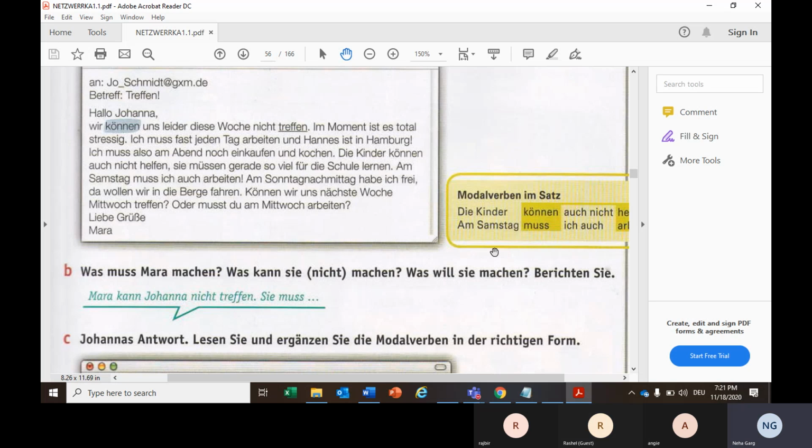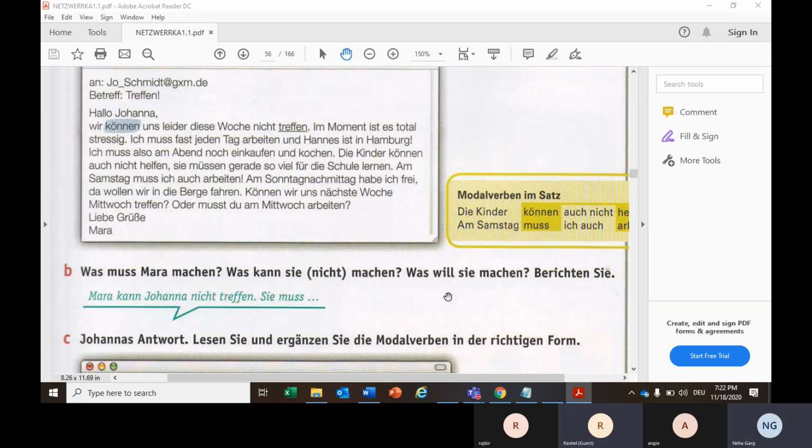Will sie, not wollen sie. What you have written, würden sie? Can you read it out again? Mara muss einkaufen gehen und am Abend kochen. Am Samstag muss sie arbeiten und am Sonntagnachmittag werden sie auf den Berg gehen.